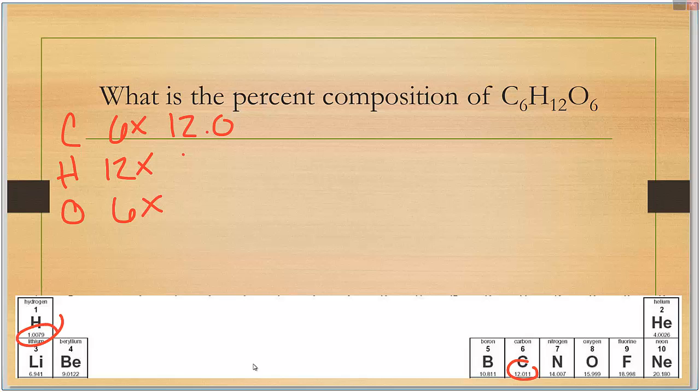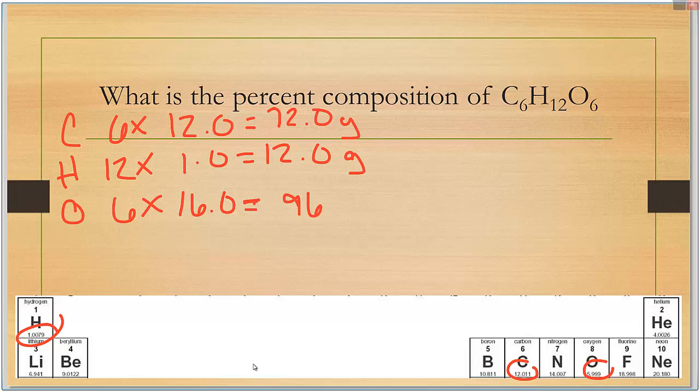And then the oxygen is 16.0. Multiply that across, and that comes out to be 72.0 for the carbon, 12.0 for the hydrogen, and then 96.0 for the oxygen. Add that all together and we get 180 grams for the whole thing.